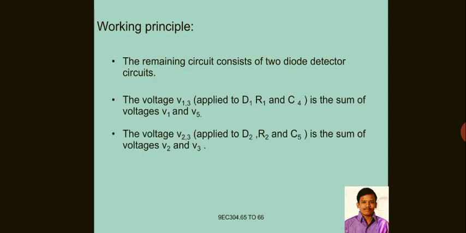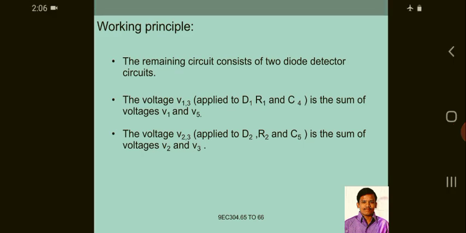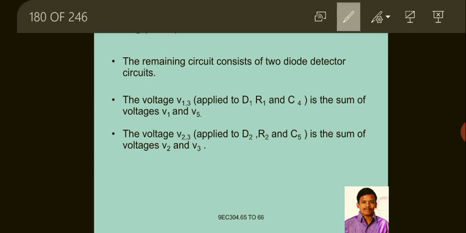The voltage V2.3 will be the sum of V2 and V3, and similarly V1.3 will be the sum of V1 and V3, not V5. So this is V3.